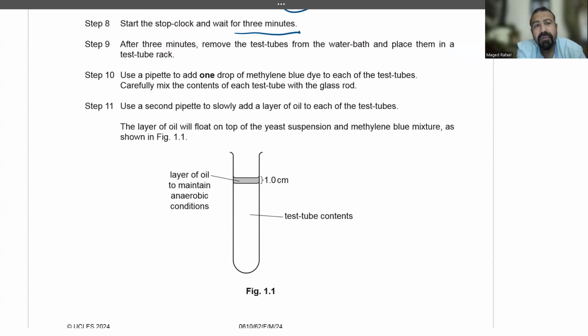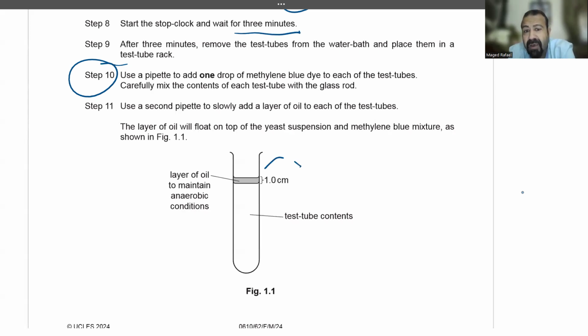This could be a method of improvement, because he used 1 drop, and a drop can be of different sizes. So we could use this as a method of improvement: we should state the exact volume of methylene blue instead of saying 1 drop. But these are our expectations. We will check the question. Use a second pipette to slowly add a layer of oil to each of the tested tubes.